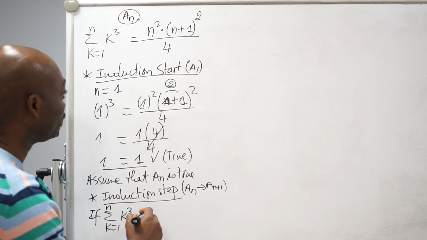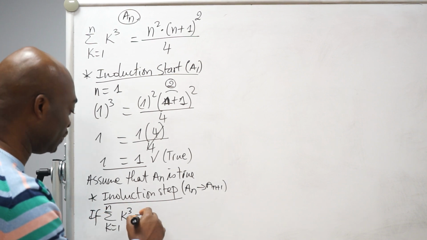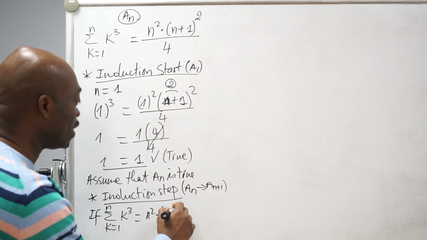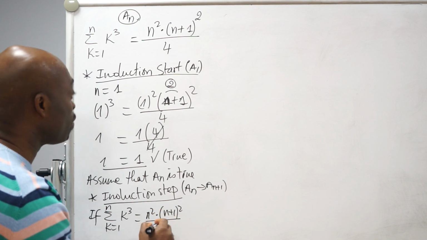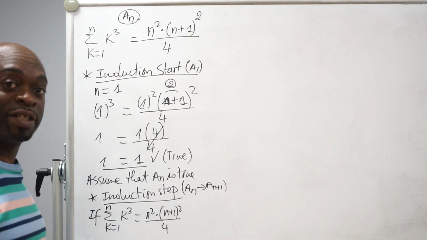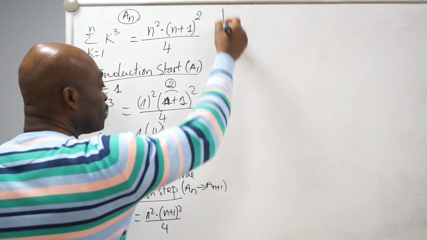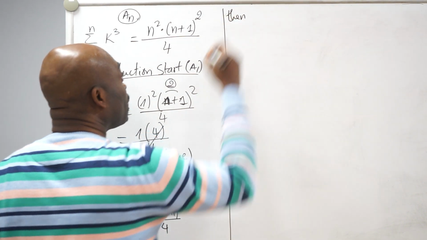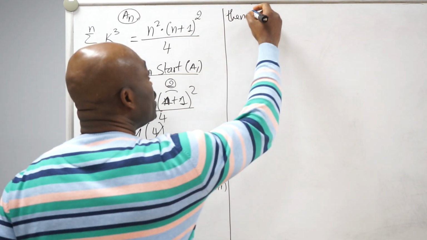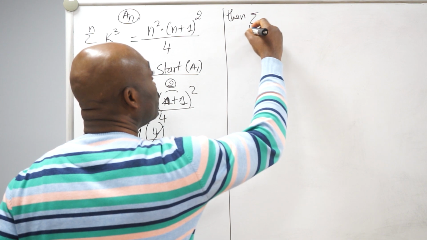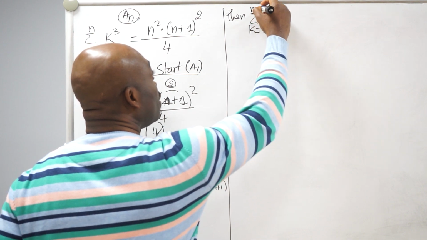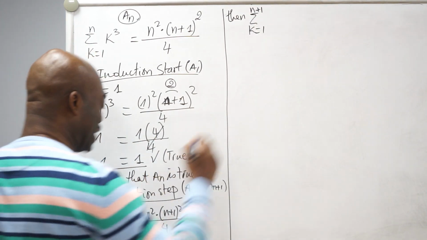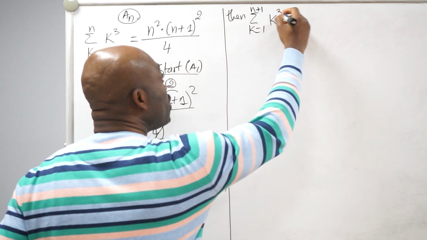So if this one is true, so we have n squared times (n plus 1) squared over 4, then we're going to have the sum of k equals 1 all the way to n plus 1. So it's no more n, but n plus 1. All right? You guys with me? Of k to the third power.